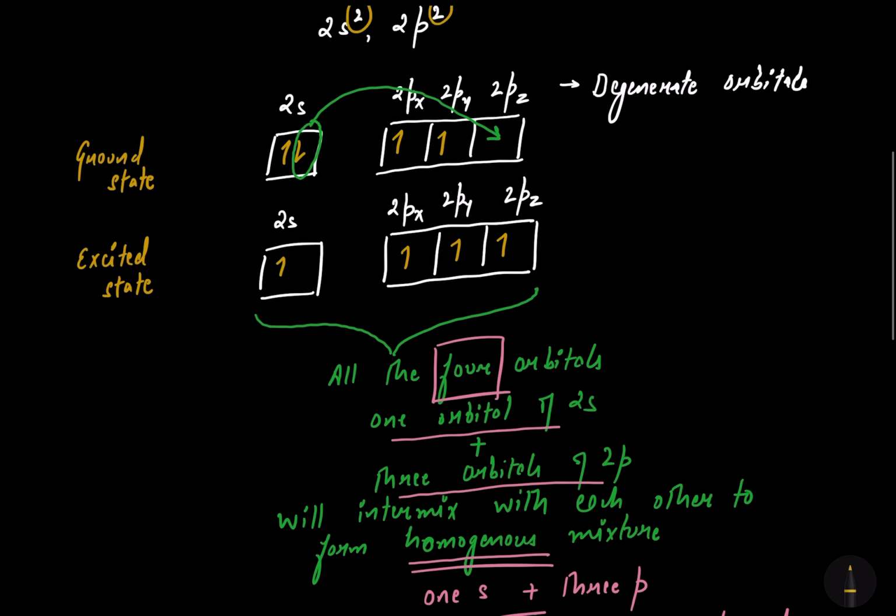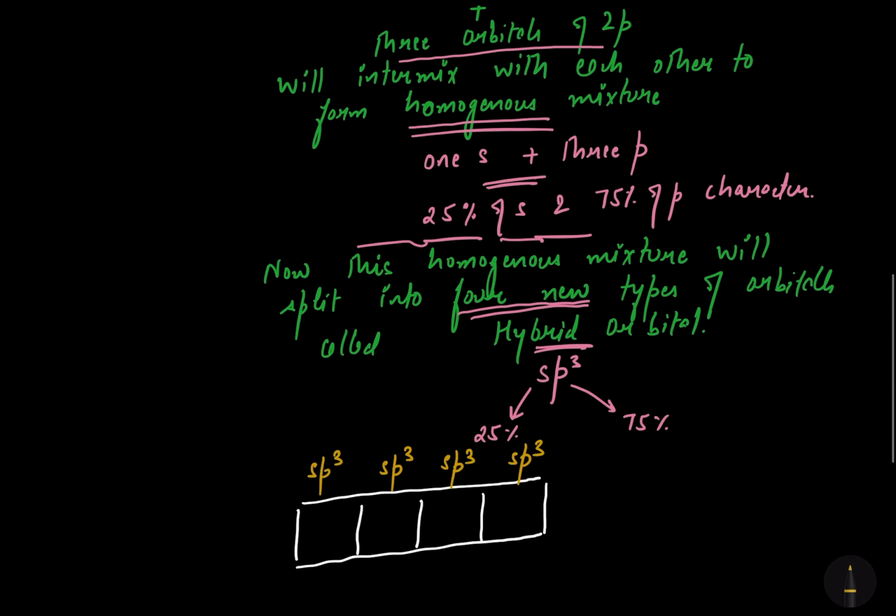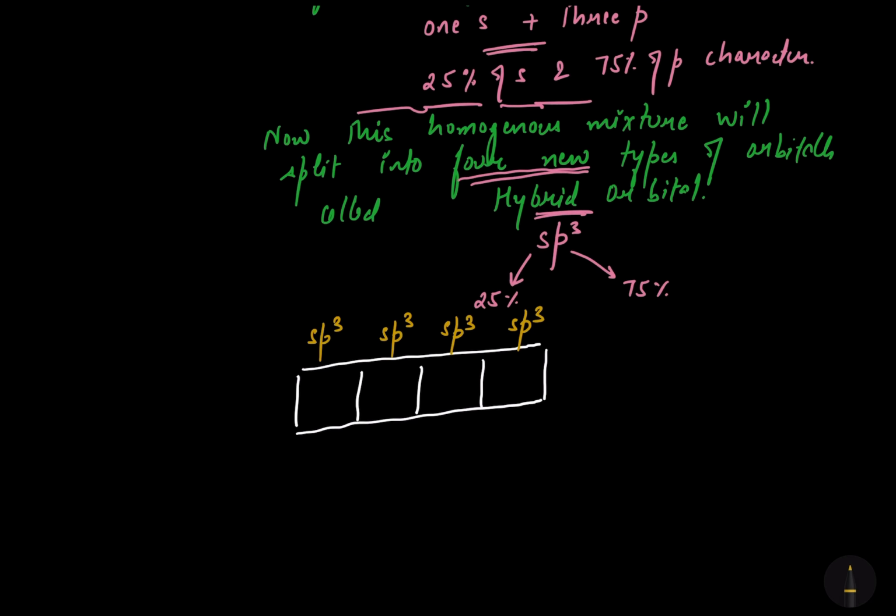Now how many electrons were we having? We were having a total of 4 electrons. So in these atomic orbitals there will be redistribution of the 4 electrons according to Hund's rule.